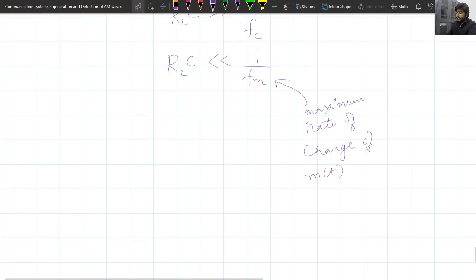So we can write it here as 1 upon Fc, which is the RL C, the discharging time constant, RL into C.